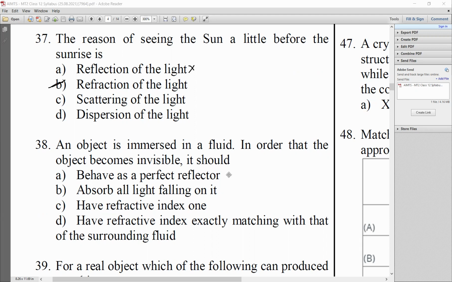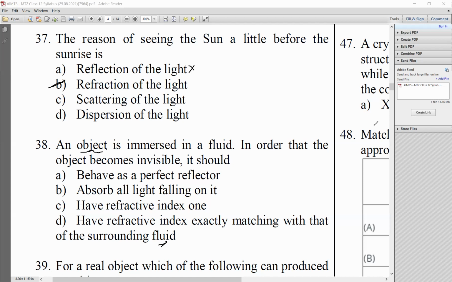Have refractive index 1? No, that is also not it. D, having refractive index exactly matching that of the surrounding fluid. So if both the fluid and the object have the same refractive index, then light won't bend, right? Light won't bend.